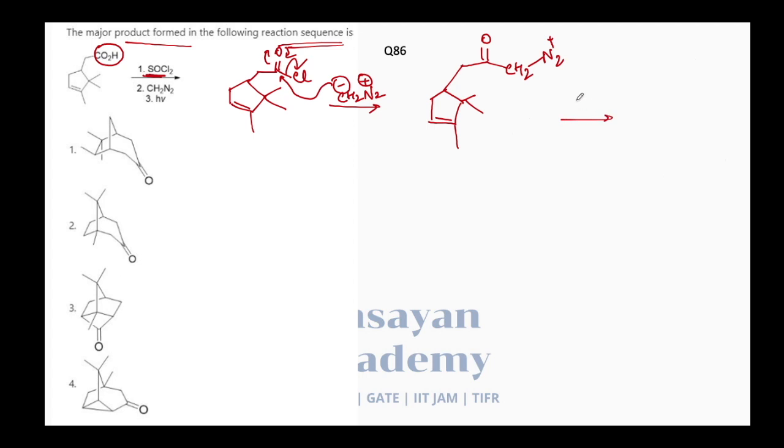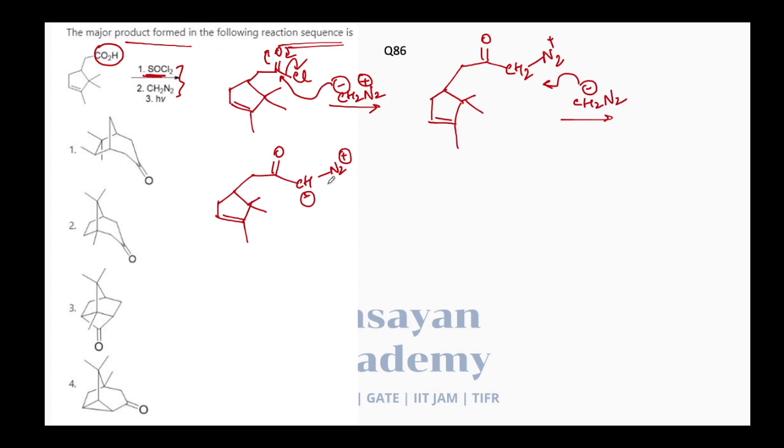Now, in the presence of another CH2N2 molecule, yes, guys, you are actually guessing it correct. It is the Arndt-Eistert, actually the Wolff rearrangement. But yes, the Arndt-Eistert reaction is you are starting from a carboxylic acid and then moving onwards with the same reagents, right? Yes, so this is going to be CH minus N2 positive in this way.